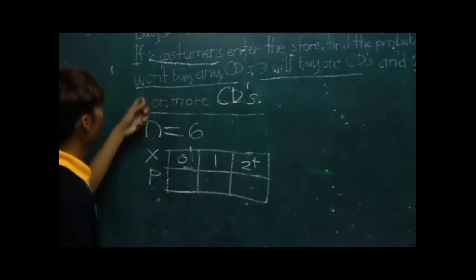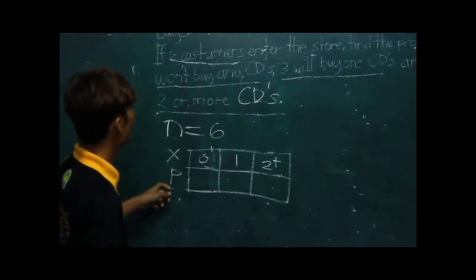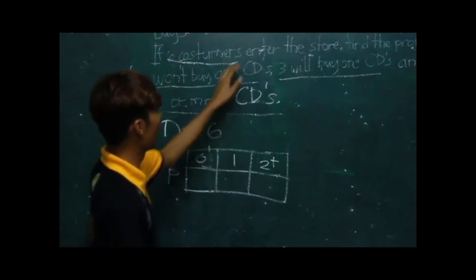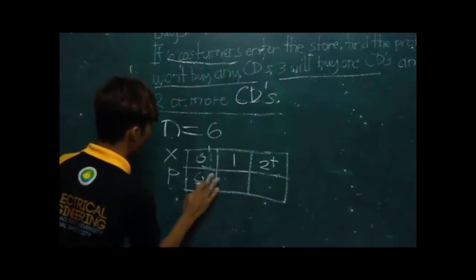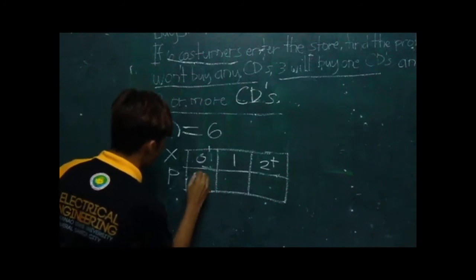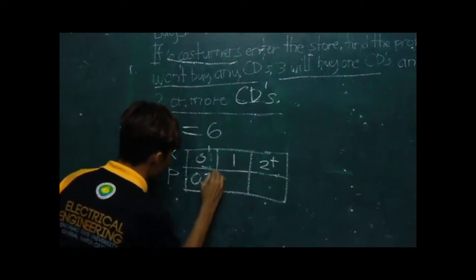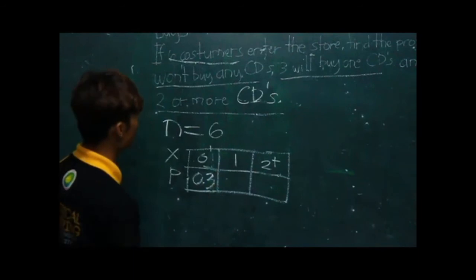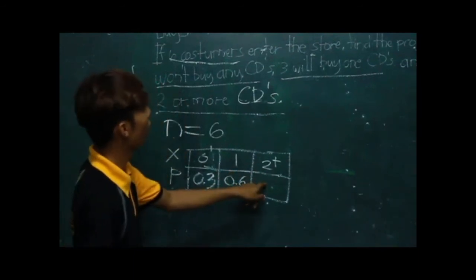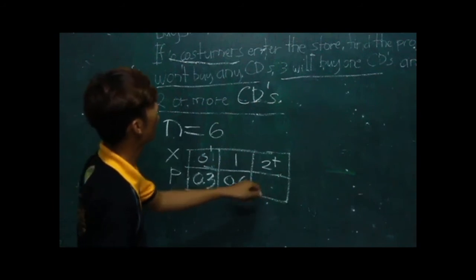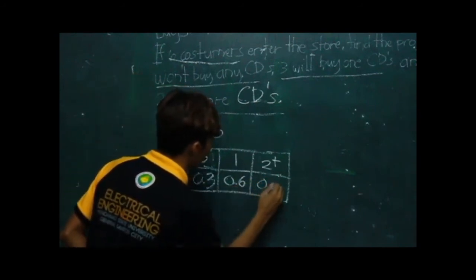In terms of probability, it's 0.3. Next is 0.6 and 0.1.